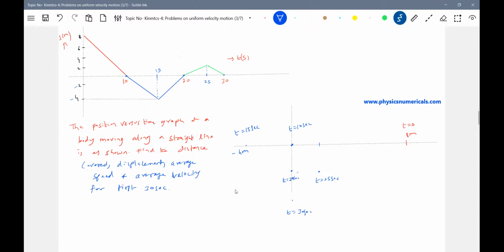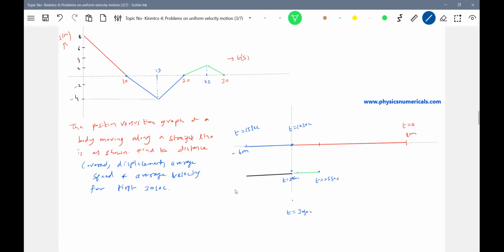So first the motion will take place. Let me indicate with different colors. First it will be like this. Then it will change direction of motion. Then it will be here.